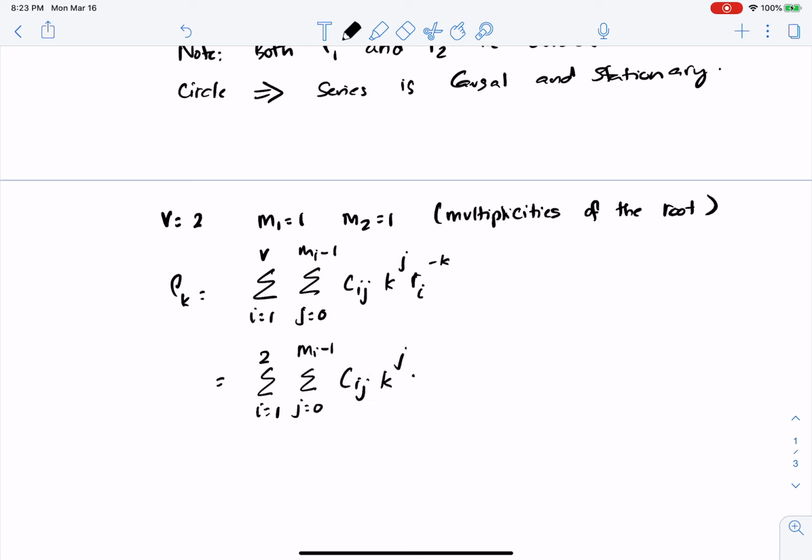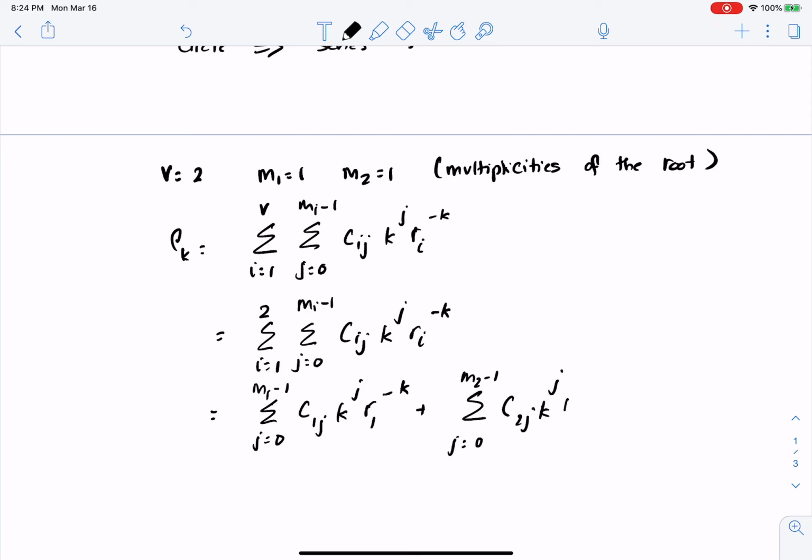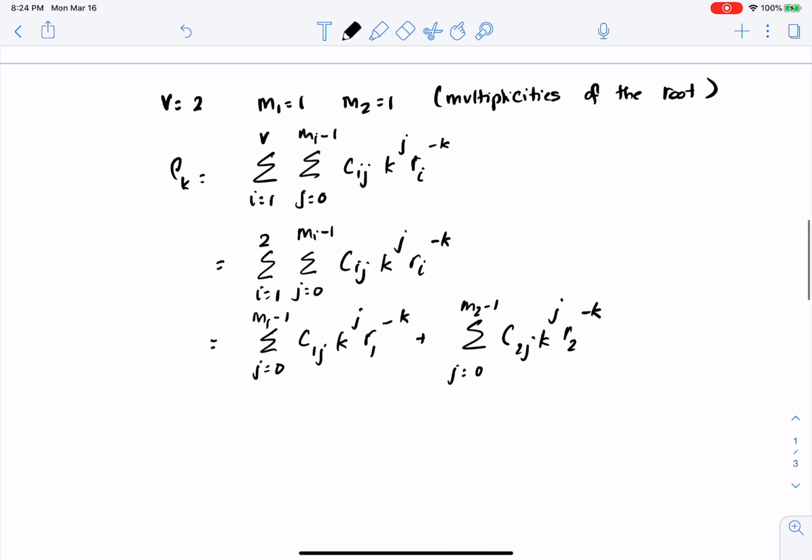When i is 1, we'd end up getting the sum over j equals 0 to m1 minus 1 of c_1j, k raised to j, r_1 raised to negative k. And when i is 2, we would have j equals 0 to m2 minus 1, c_2j, k raised to j, and r_2 raised to negative k.